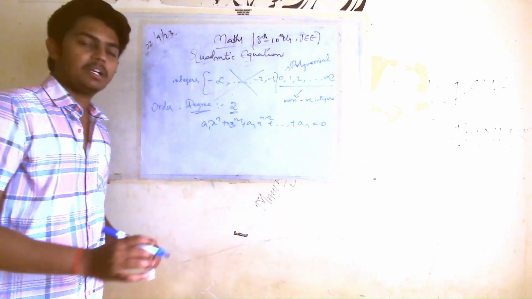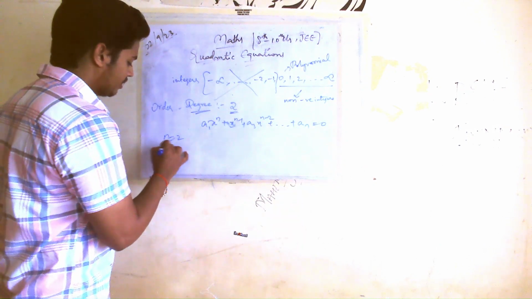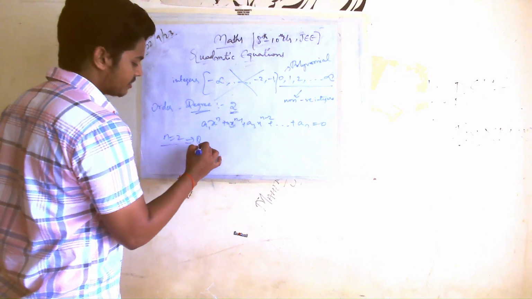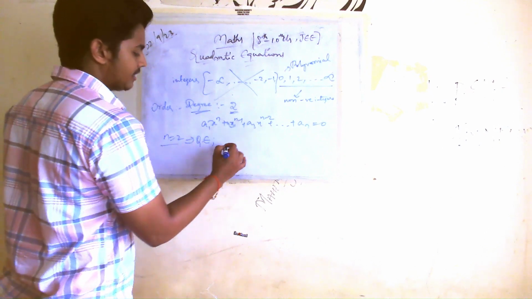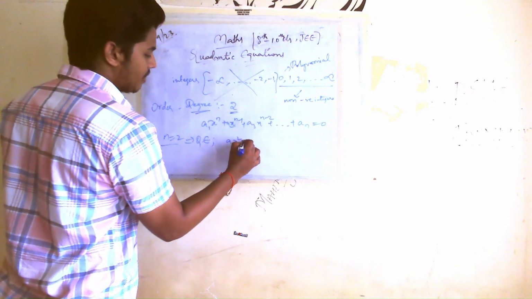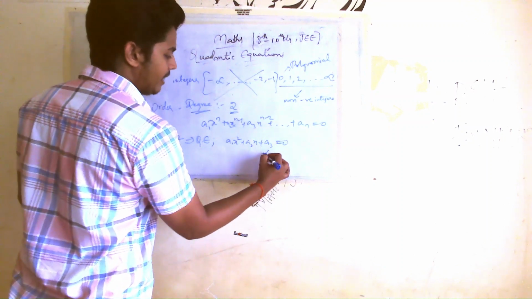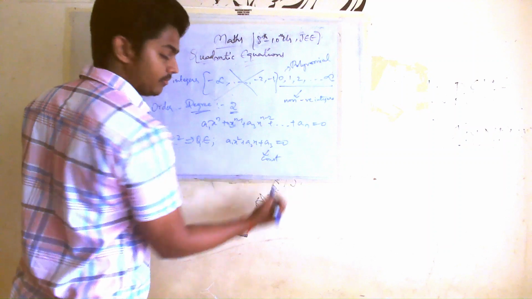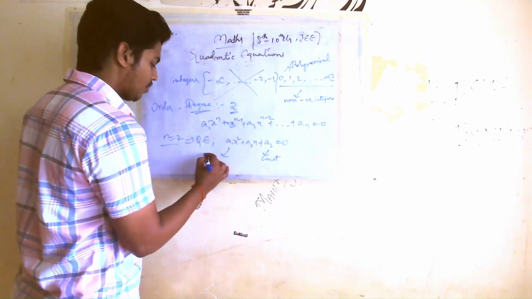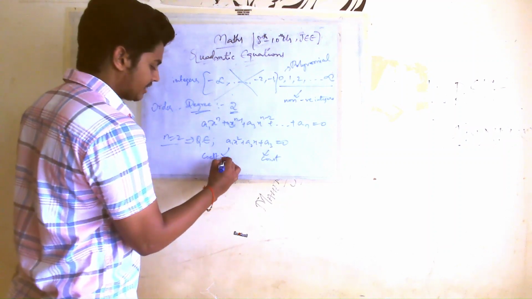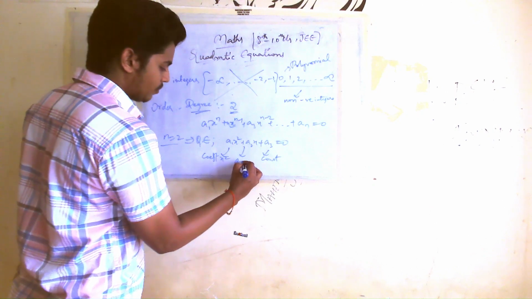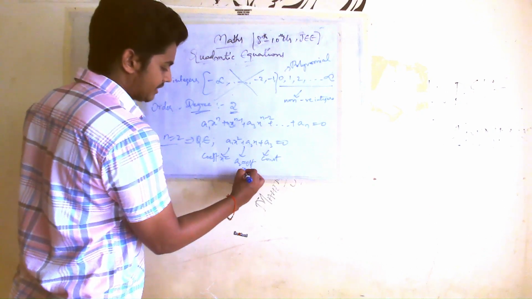If n is equal to 2, then it becomes a quadratic equation. That means a1 x square plus a2 x plus a3 is equal to 0, where a3 is constant, a1 is the coefficient of x square, a2 is the coefficient of x.